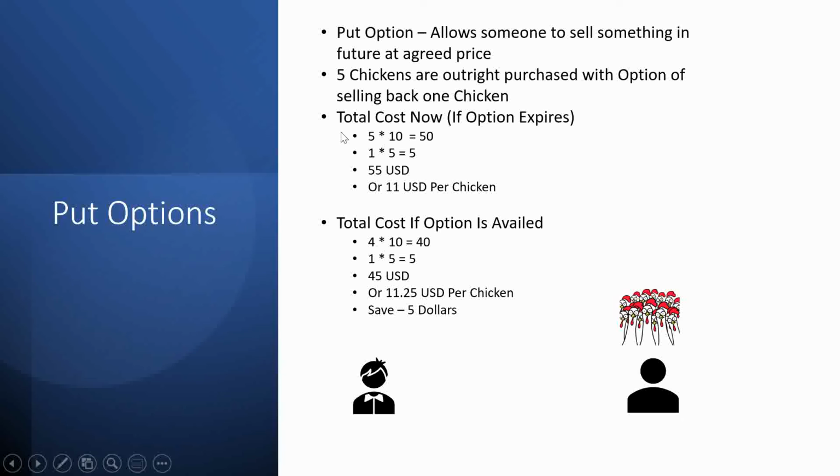But with this $55, I have a peace of mind that should my sister throw a tantrum, I can take one chicken back to Mr. Larry and give it to him at $10.